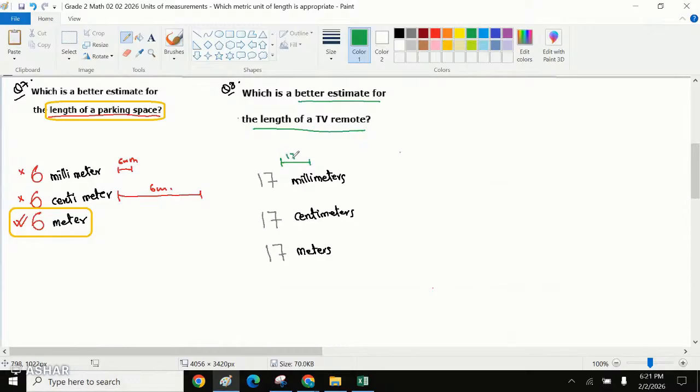Approx. 17 meters would be like, yes, thank you. Centimeter is better. Because a remote cannot be maybe like 3 times bigger than a car. So 17 centimeter is a better estimate. Thank you. That's perfectly correct.